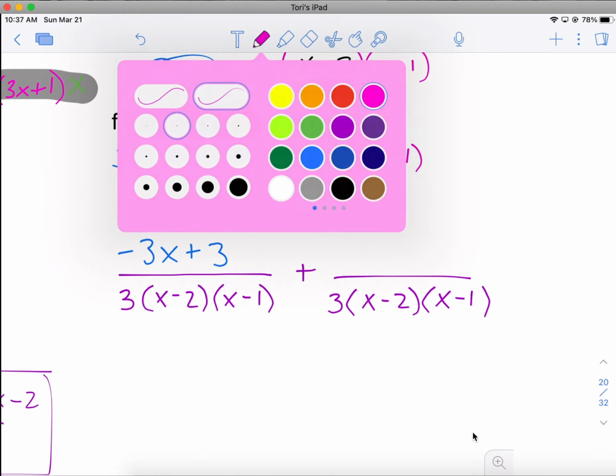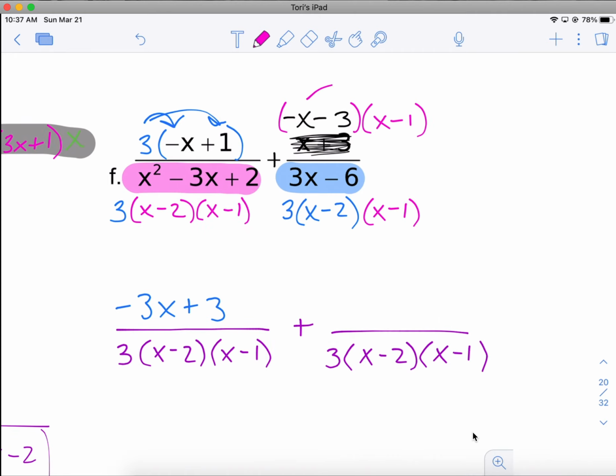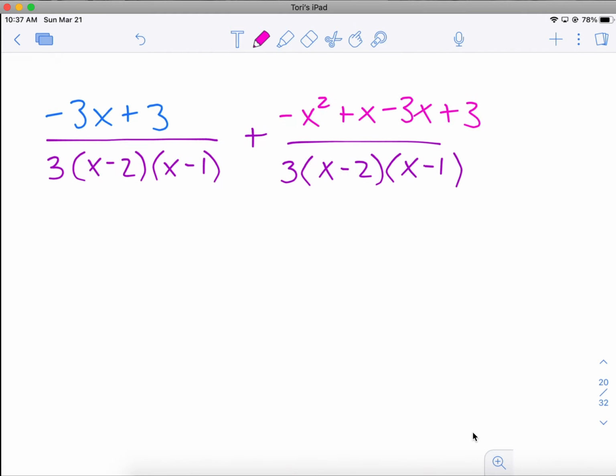For the second guy over here, we're going to have to FOIL this. So we have a negative x squared, a plus x. On the bottom, we have a negative 3x and a plus 3. All right, we're adding, so we can just combine all our like terms. We're putting this whole thing together now. All right, one long fraction. We want the same denominator.